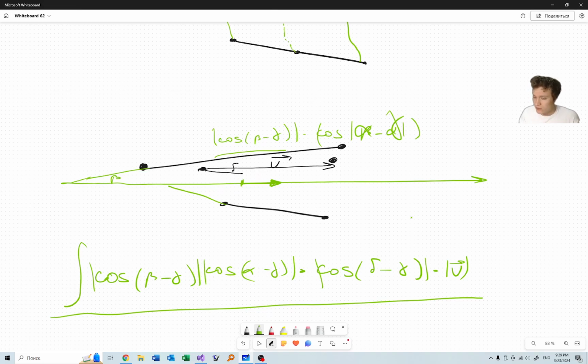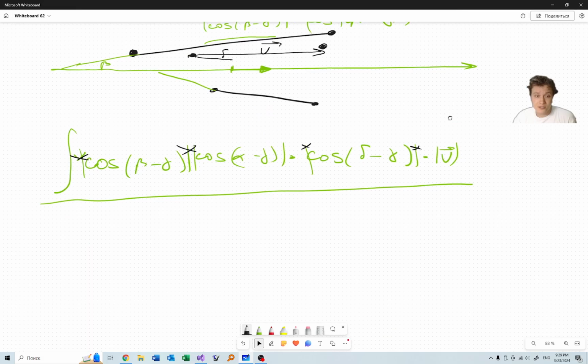So also we may assume that all these moduli are removed and we just take the area where all the cosines are positive. The question is how to integrate all of this.